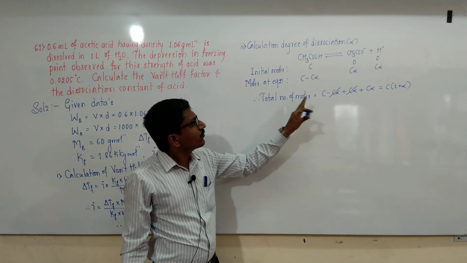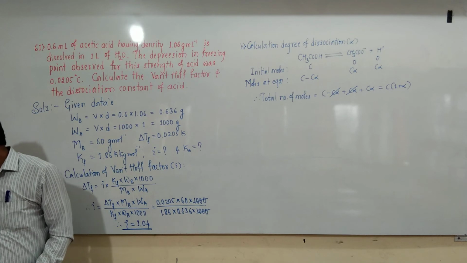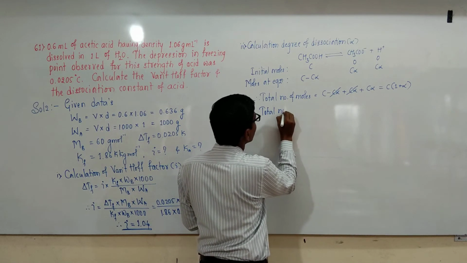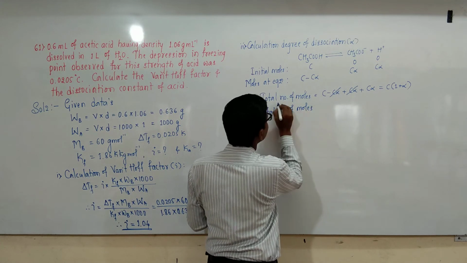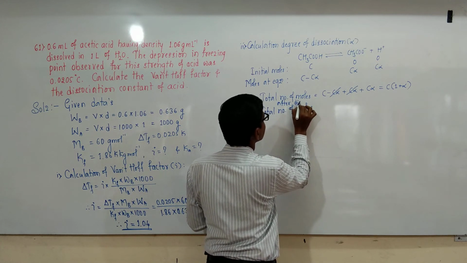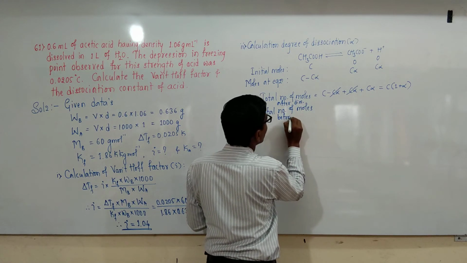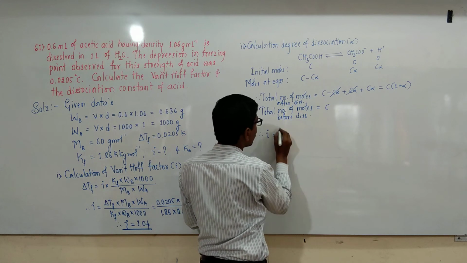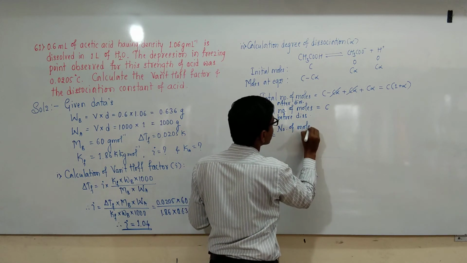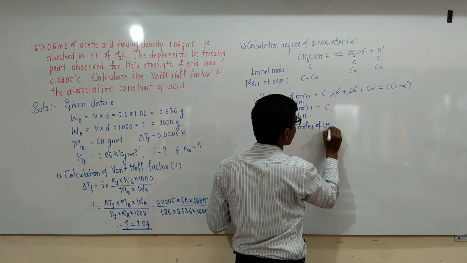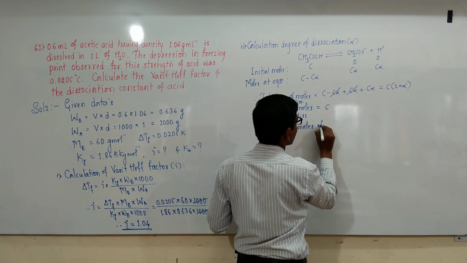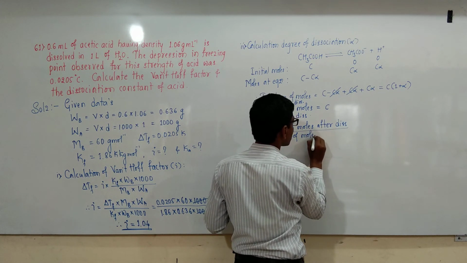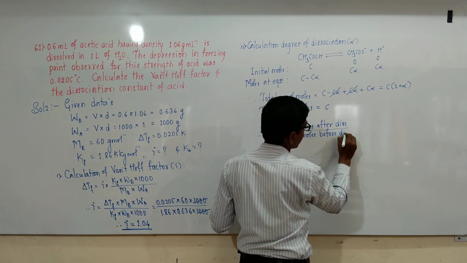Then from this we can easily calculate degree of dissociation, that is van't Hoff factor equal to total number of moles after dissociation divided by number of moles before dissociation.